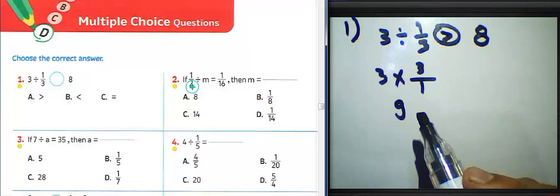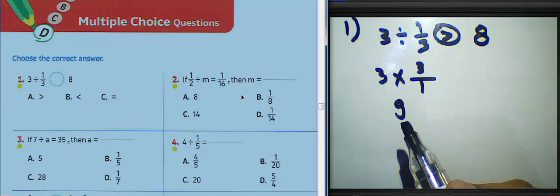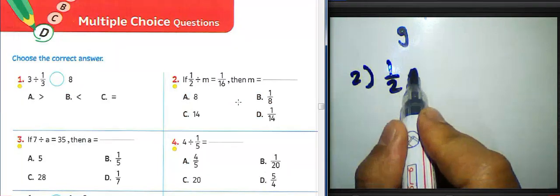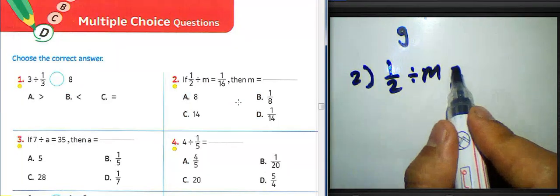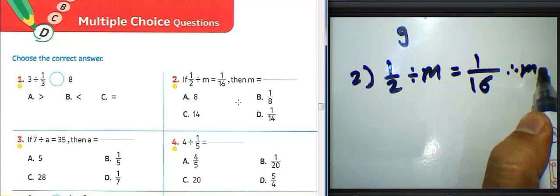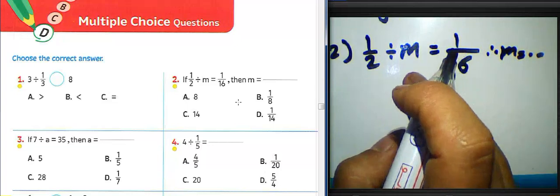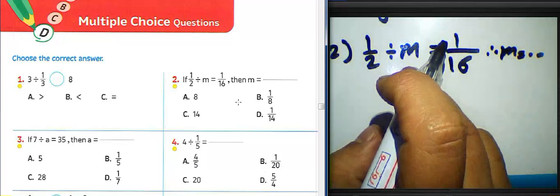Question number 2. If 1/2 divided by m equals 1 over 16, then m equals what? Who can tell me how to find the dividend or divisor?